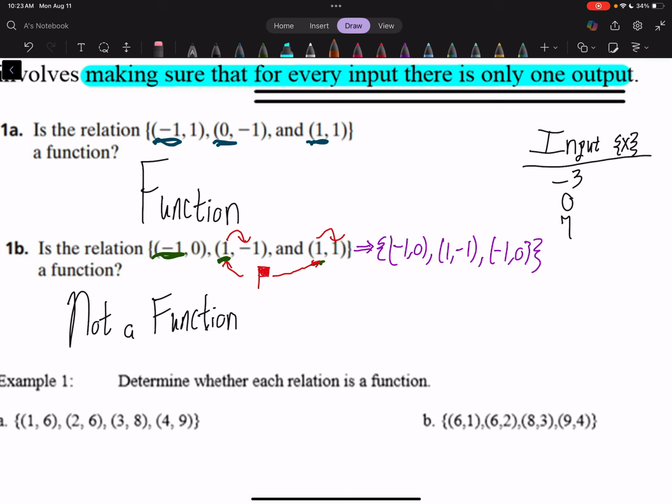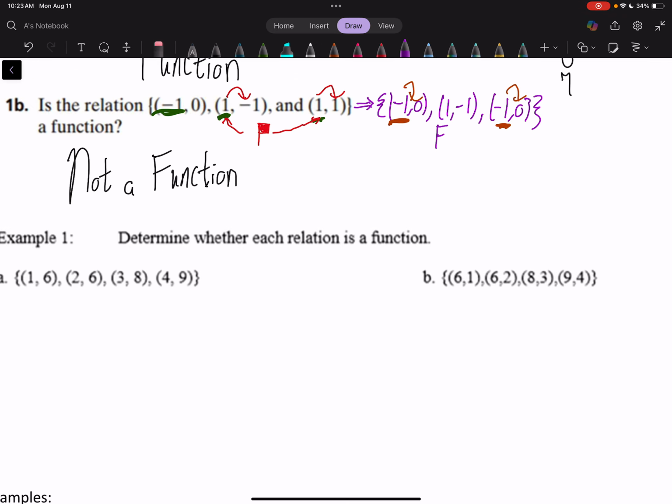Now, if you notice this one, I do have -1 twice, but when I check the output, I have 0 for both -1s. This just means my set has -1, 0 as a coordinate with multiplicity of 2. This purple set would still be a function. I'm pointing that out because you might see that as a quiz or a test question. I'm not going to guarantee it, but I figure you should know.